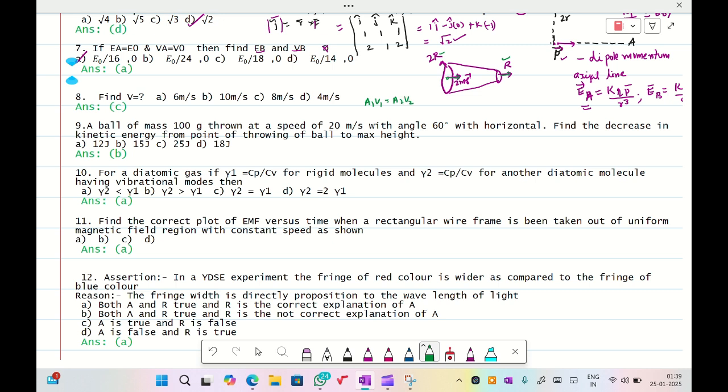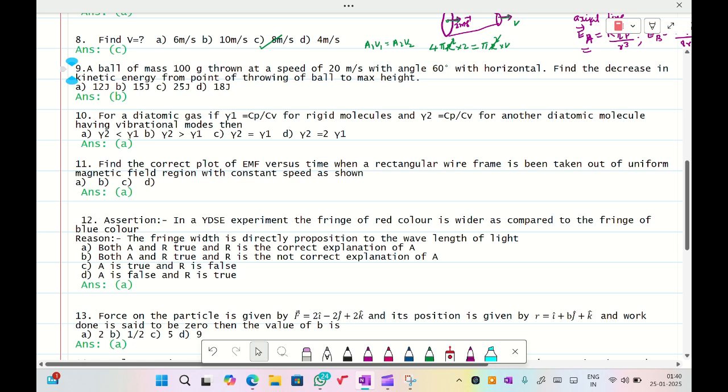He is asking to find V, and here V1 is given as 2. Therefore, 4 pi R square into 2 is equal to pi R square into V. So pi R square gets cancelled. V is equal to 8 meter per second. So that is the answer.